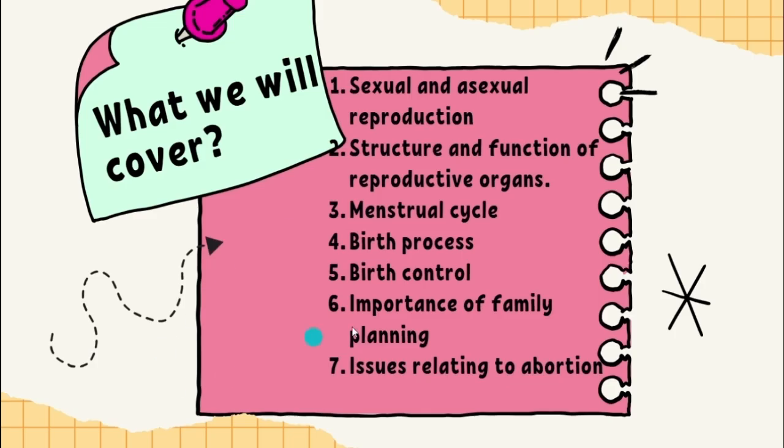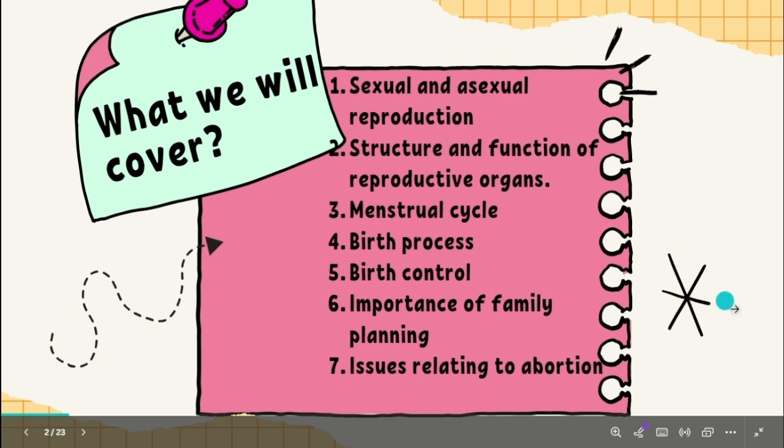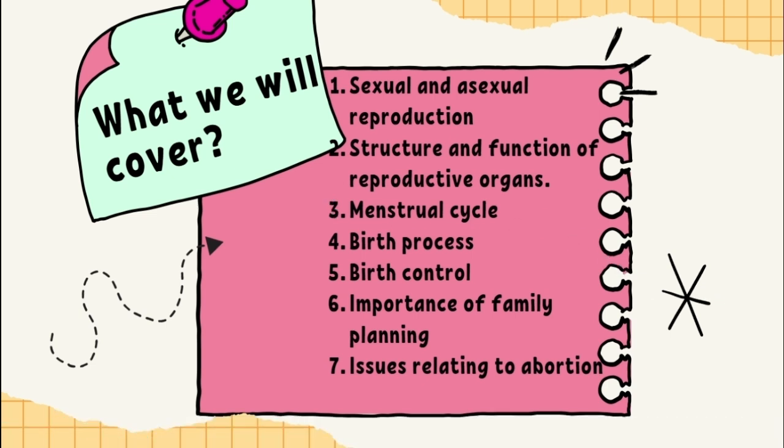So basically the goal is we want to get through these particular topics. The reproductive system is very broad, right? There's a lot that goes into it. What we want to talk about is sexual and asexual reproduction, and the structure and function of our reproductive organs, both for the male and the female.